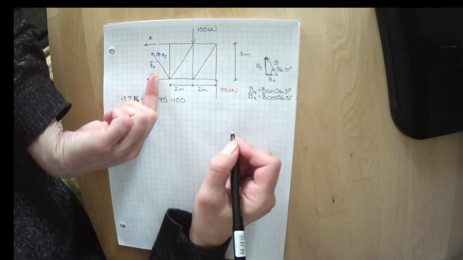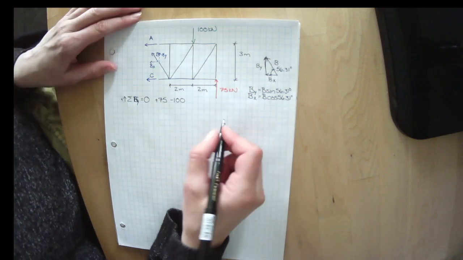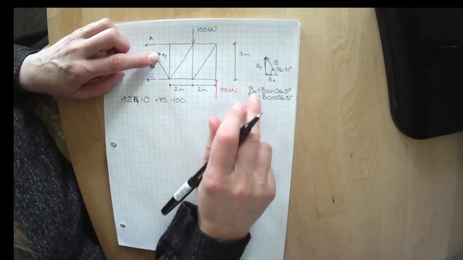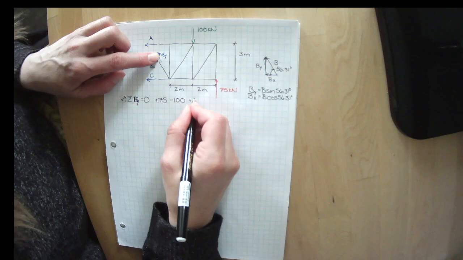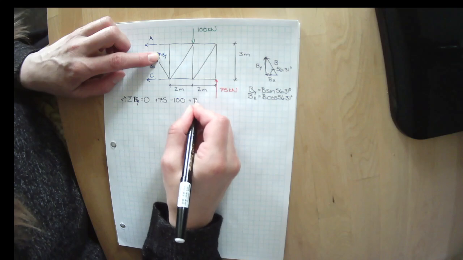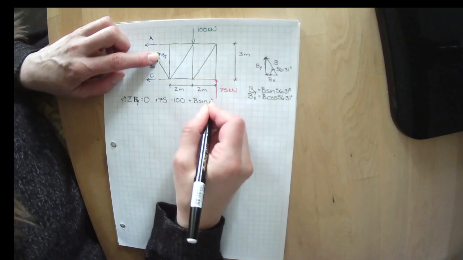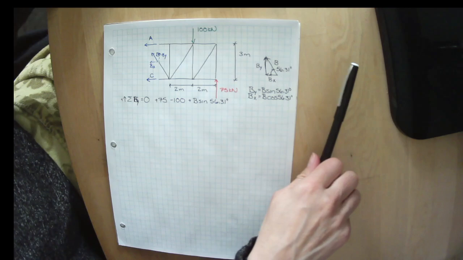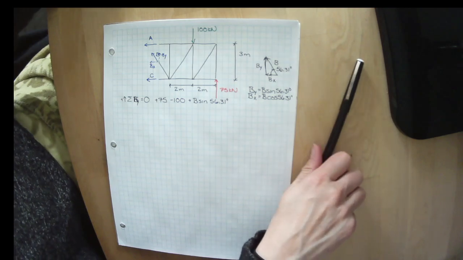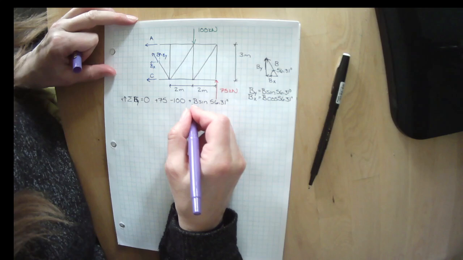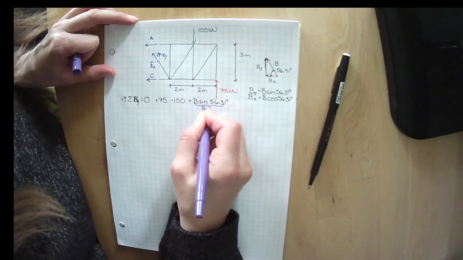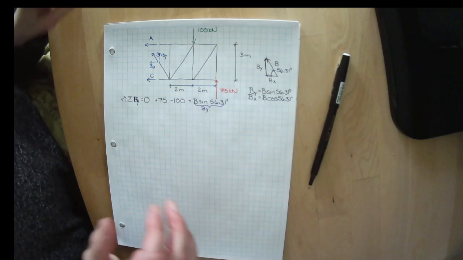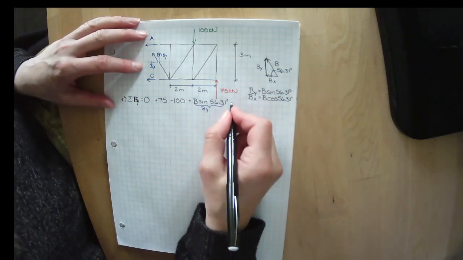And I have BY pointing upwards. Well, BY is B sine 56.31 degrees. So plus B sine 56.31 degrees. Remember, this is just BY. I just went right ahead and substituted it in right away.